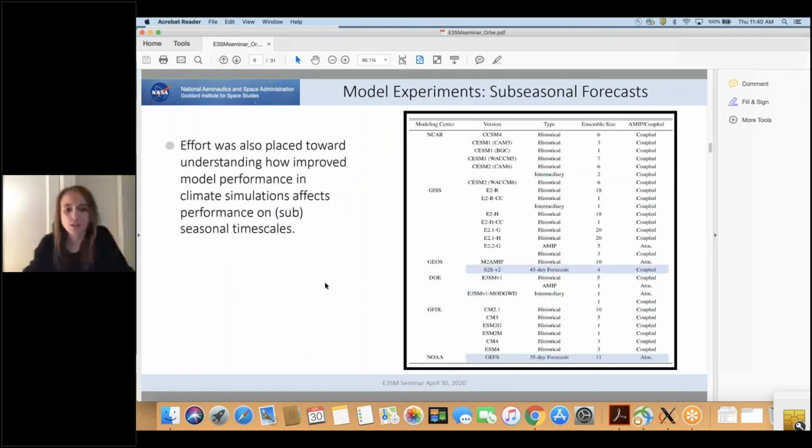And so then just to conclude, again, we had these subseasonal forecasts submitted from both the version 2 GEOS S2S product that Andrea Molod has worked towards getting finalized, and they've had their paper submitted on this, as well as the GFS forecasts.